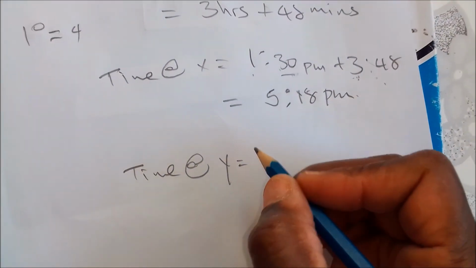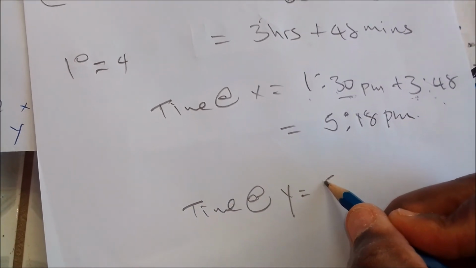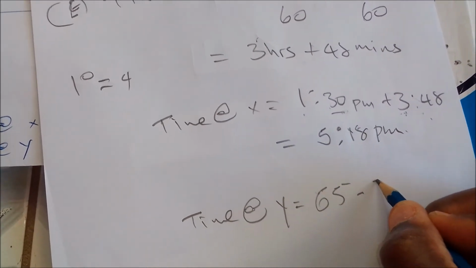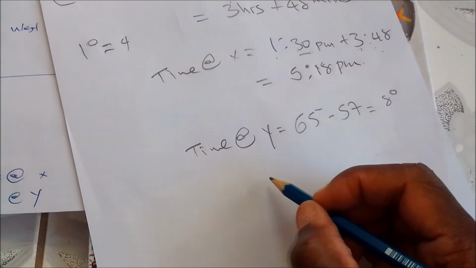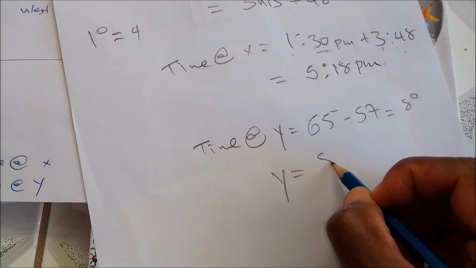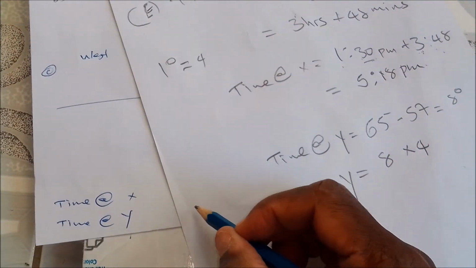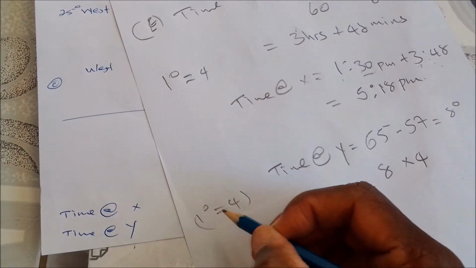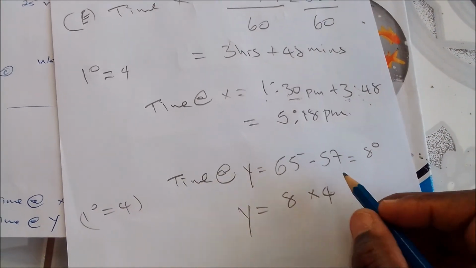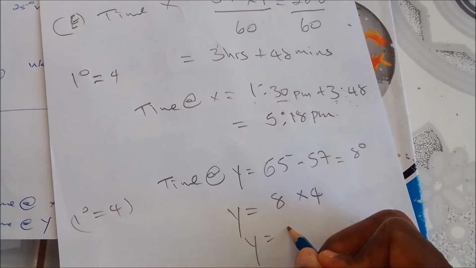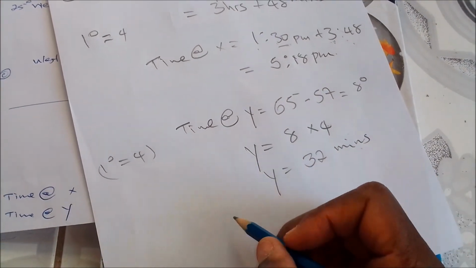So 65 minus 57 equals 8 degrees, times 4 because 1 degree equals 4 minutes, right? So that is going to be 32 minutes, right?